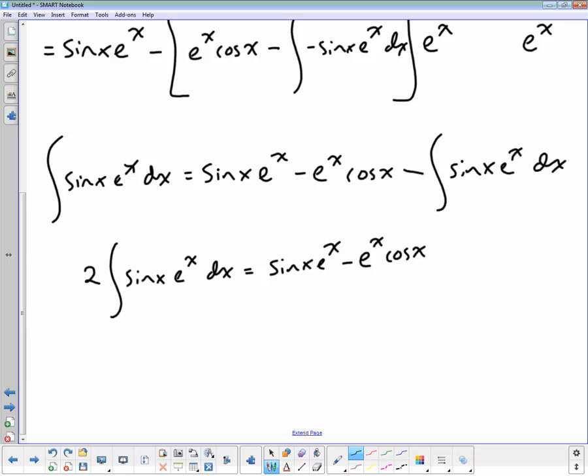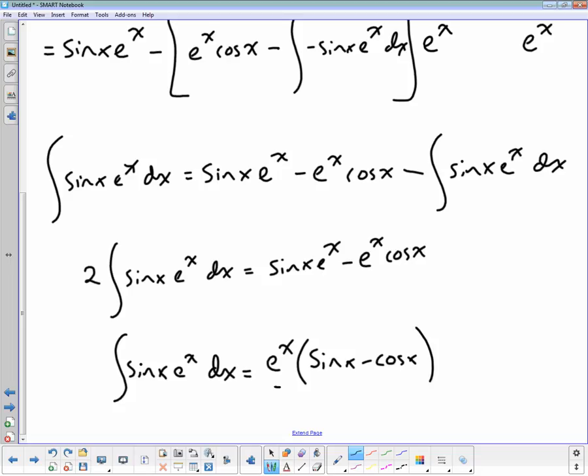Divide by 2. I'm going to factor out a GCD because I can. And you're done. So that's the infinite case.